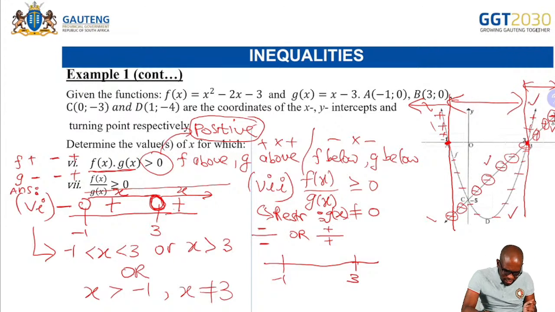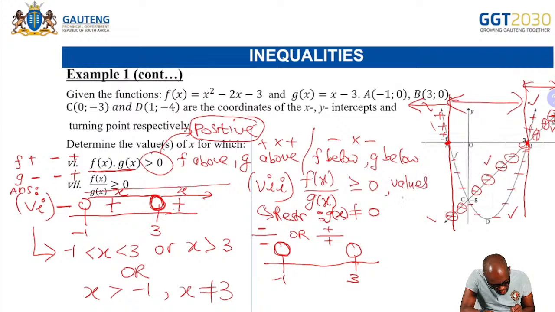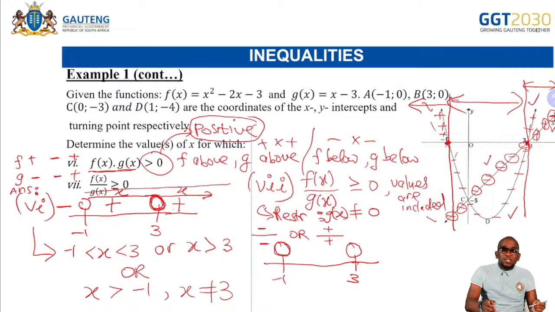Now, let us start again. We read from left to right. You can see from left to right, we've already done that. The difference between the two problems is that here, values are included because they said greater than or equal to.